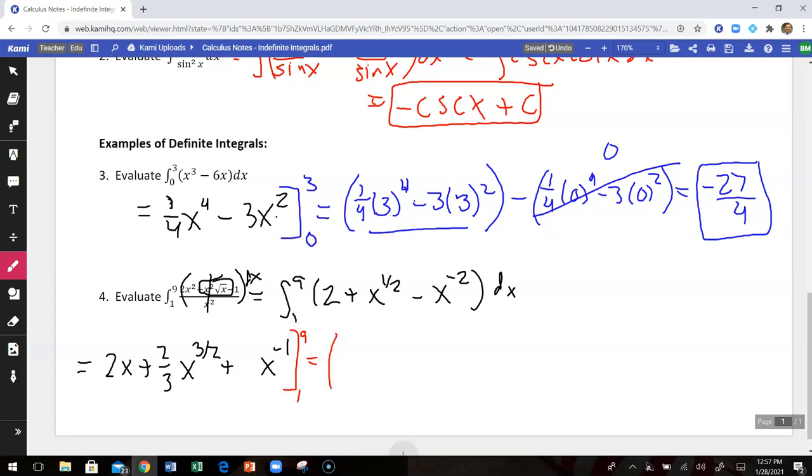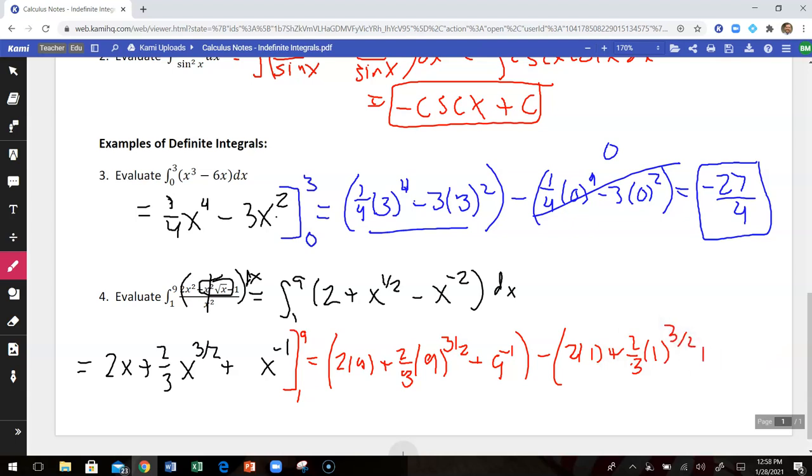So if I evaluate that at 9, 2 times 9 plus 2/3 of 9 to the 3/2 power plus 9 to the -1st. And then we subtract what we get when we evaluate this at 1. 2 times 1 plus 2/3 of 1 to the 3/2 power plus 1 to the -1st.